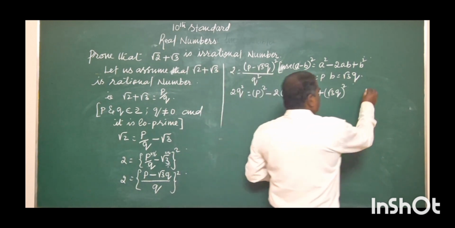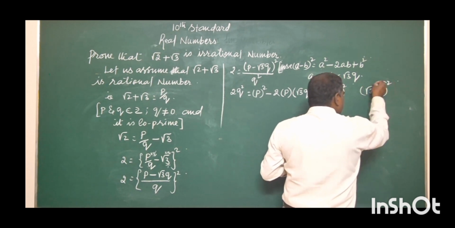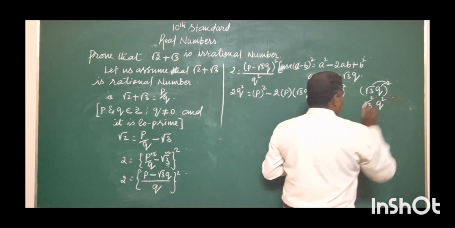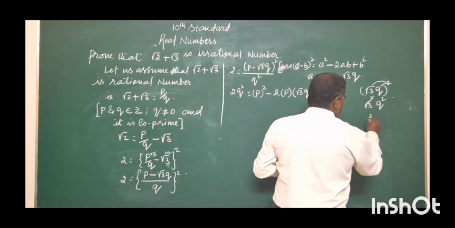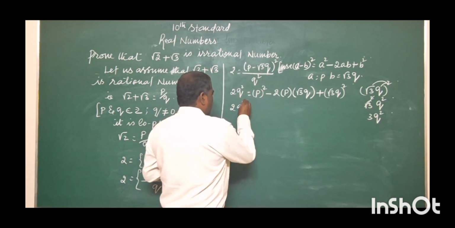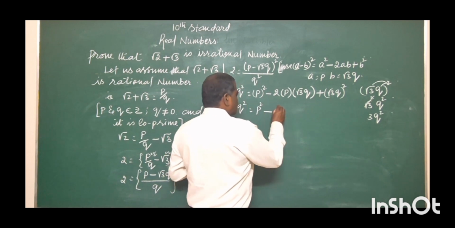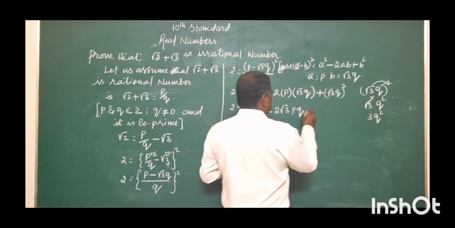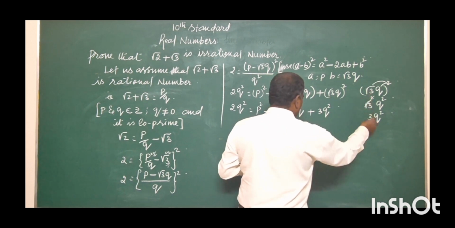Here root 3 q whole square means the square belongs to root 3 as well as q, so root 3 square and q square; the square and root cancel, so 3q square. 2q square is equal to p square minus 2 root 3 pq plus 3q square.